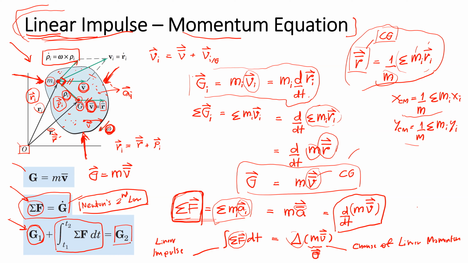Or we can say that the linear impulse is equal to the difference between the final state and initial state of the linear momentum. So in this slide, we explain the concept of the linear impulse and momentum.